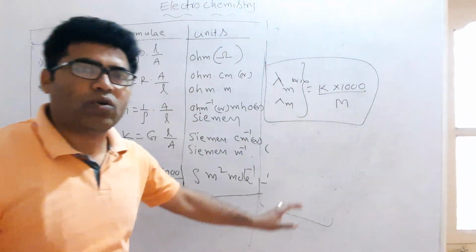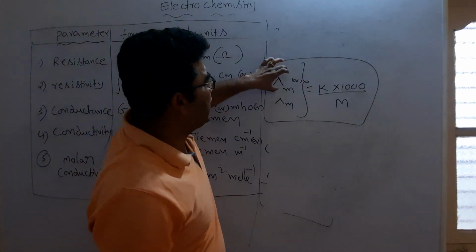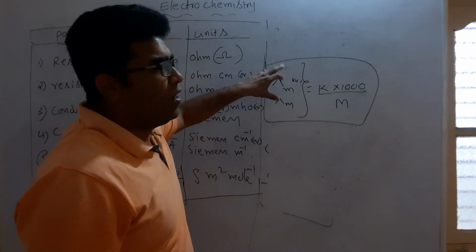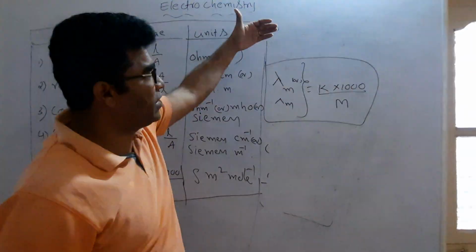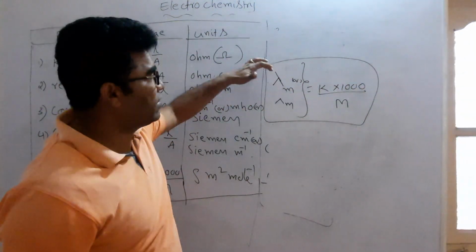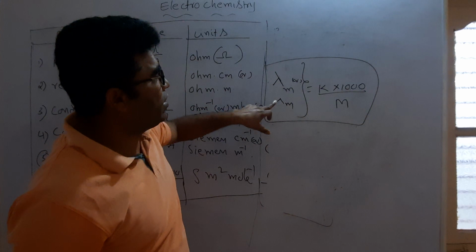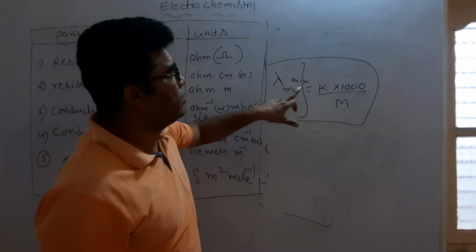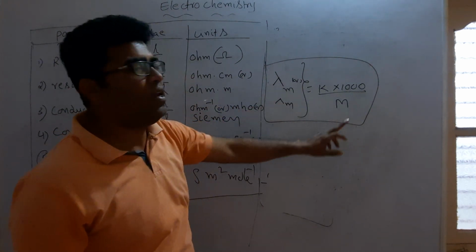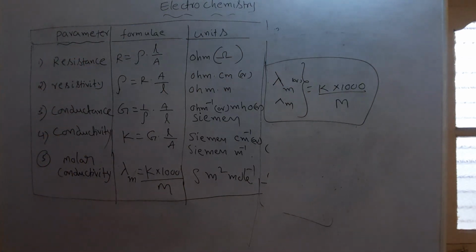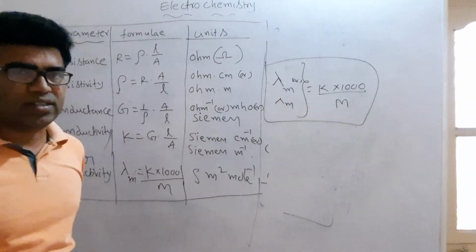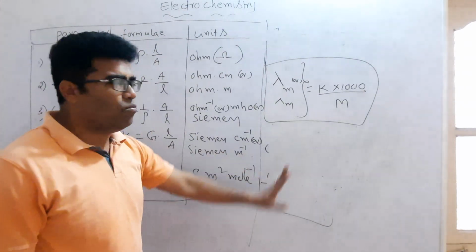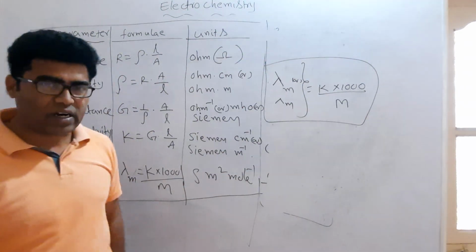Better you learn the formula here, and further problems, whenever we discuss them one by one, you will get clarity. So molar conductivity, lambda m, equal to K into 1000 by molarity. Units are Siemens meter square mole inverse. This is the molar conductivity.